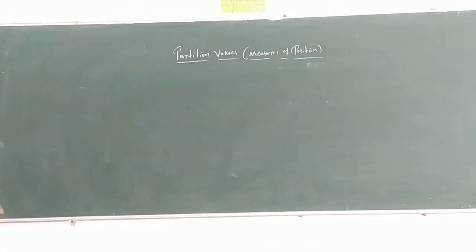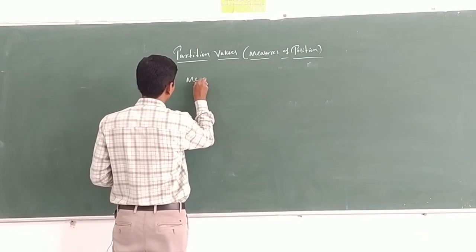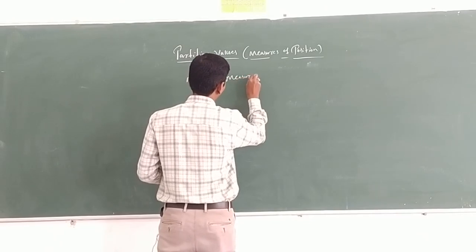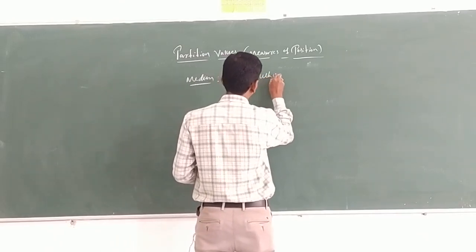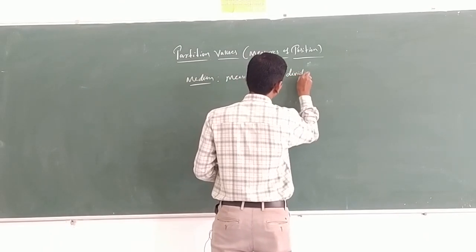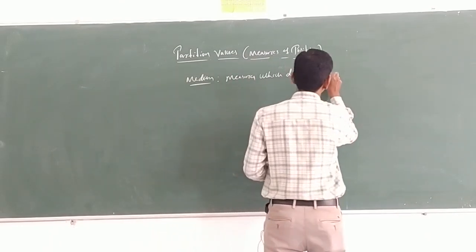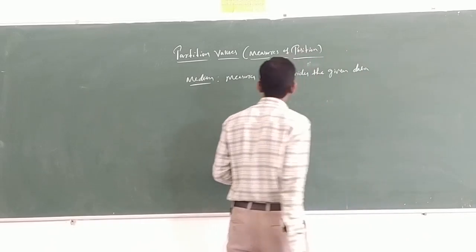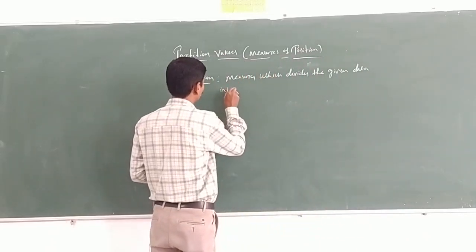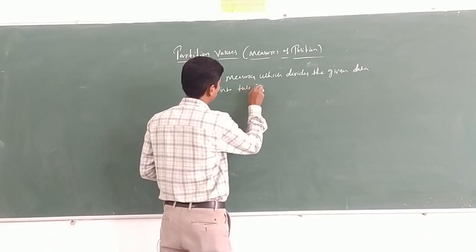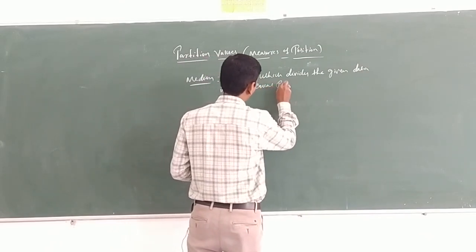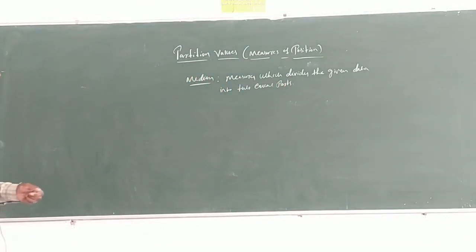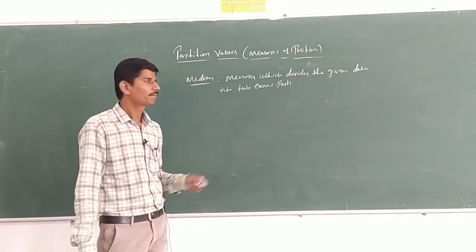If measures divide the given data into 2 equal parts, then it is said to be median.